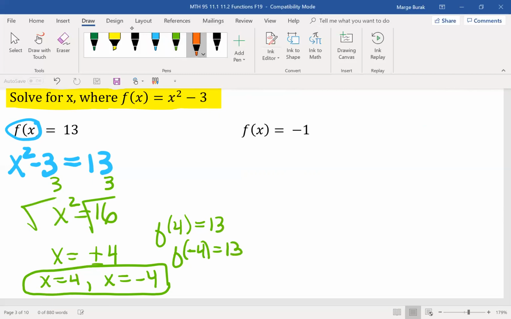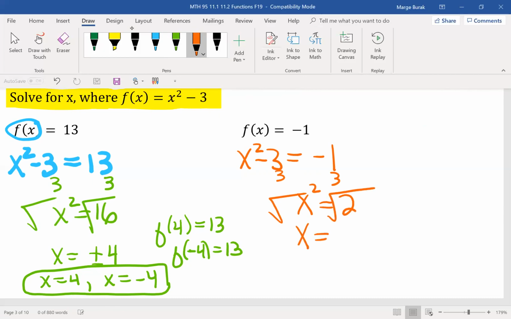Okay, let's try this one. So my same function is x squared minus 3 equal to negative 1. So if I add 3 to both sides, I'll get x squared equals 2. Then if I take the square root of x squared, I get x. If I take the square root, I have to have plus or minus the square root of 2. And that's as good as it gets.